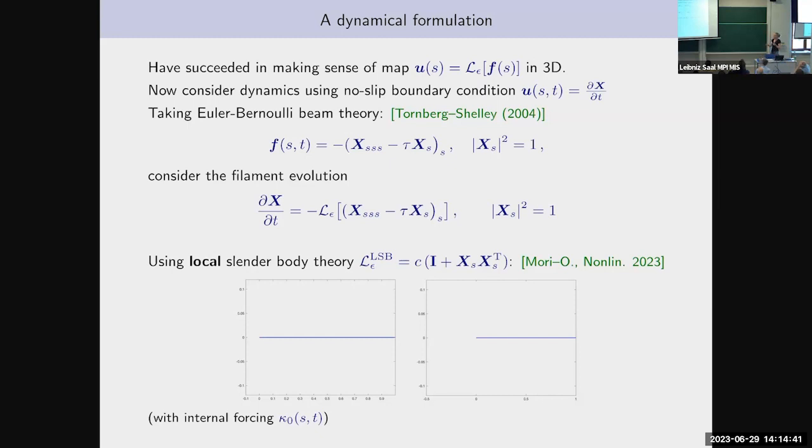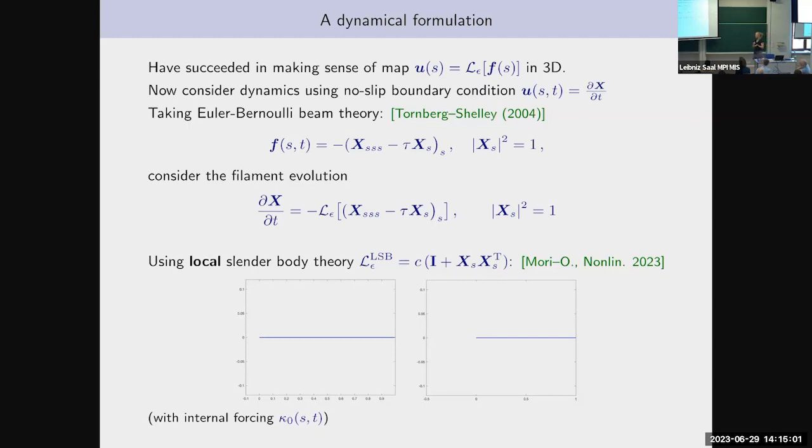And so we can use local slender body theory to understand what this evolution should look like, right? And since this is really just matrix multiplication, you can essentially say everything you want to say about this evolution in the case of local slender body theory.